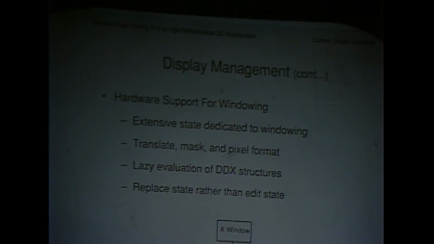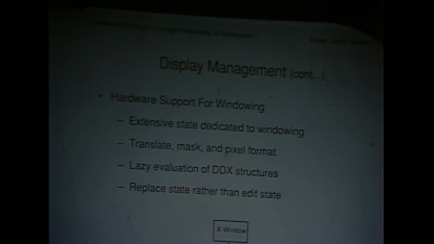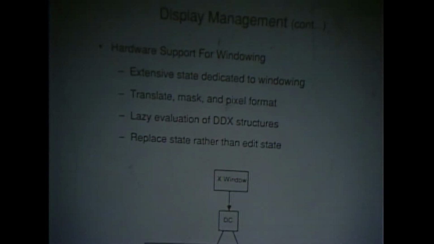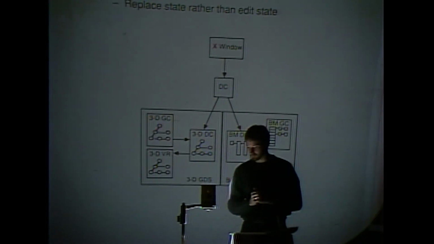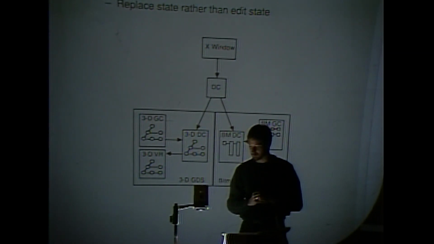The hardware supports windowing in a fairly direct fashion, and provides window location or translation on the screen, as well as masking and pixel formatting. It also provides bitmap masking above windows to give a per pixel masking capability.